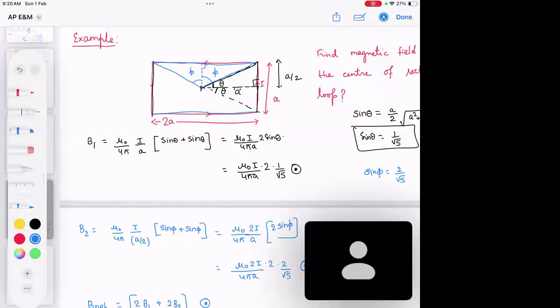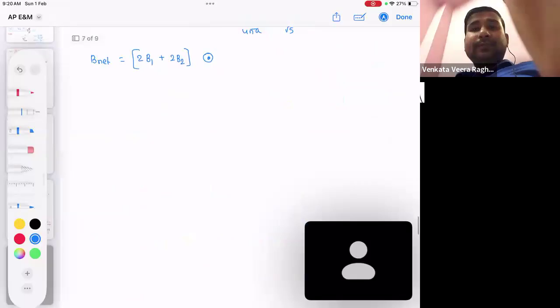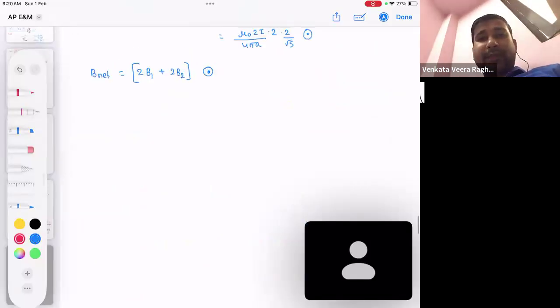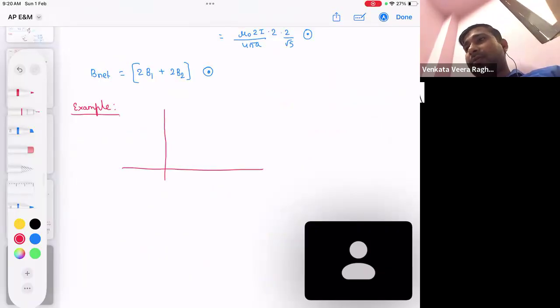Right. Okay. So let's take one more example on this straight conductor. This is the x-axis given. This is the y-axis given to us. And a wire is bent in this form.